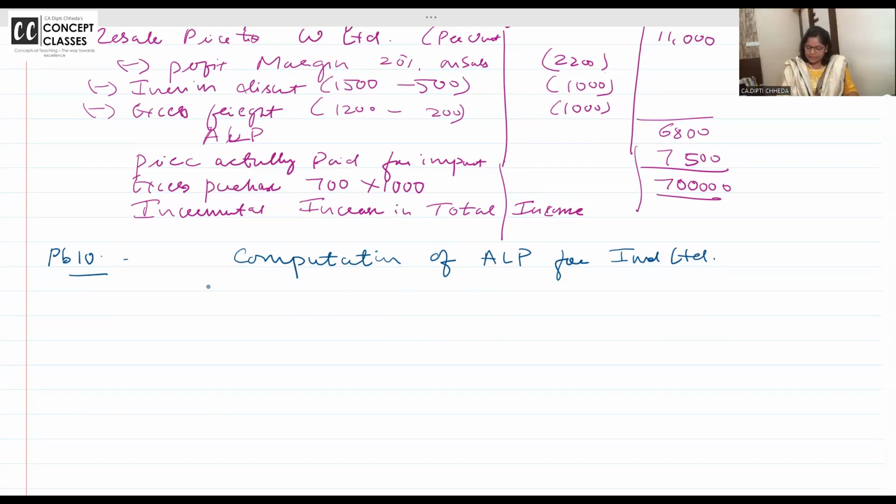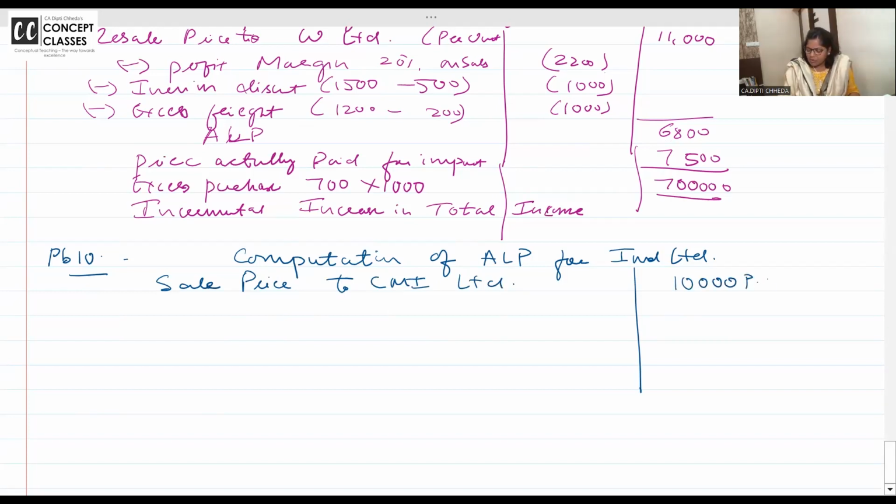Okay, right. So for that, let us start with the uncontrolled price, the sale price to CIM Limited. At how much are you selling to others? 10,000 per unit. Are you comfortable writing with me? Any step, any doubt, ask me. Now, adjustment for warranty.